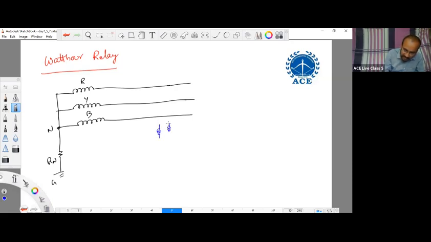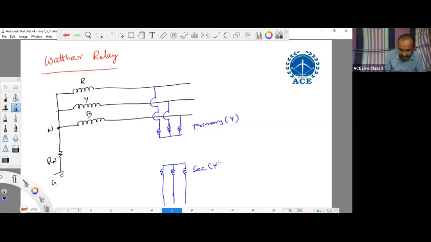The primary of the auxiliary transformer will be star connected, and it is excited by the alternator output itself. The secondary is also star connected and is left open.